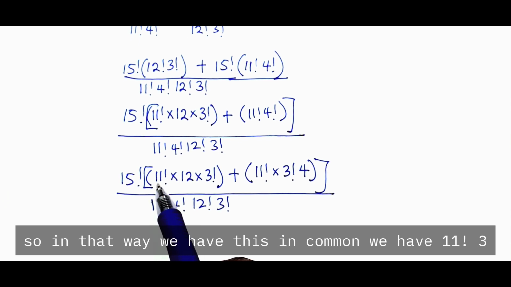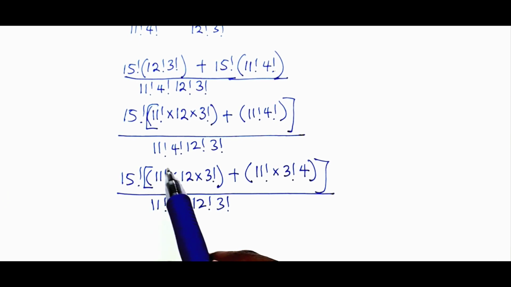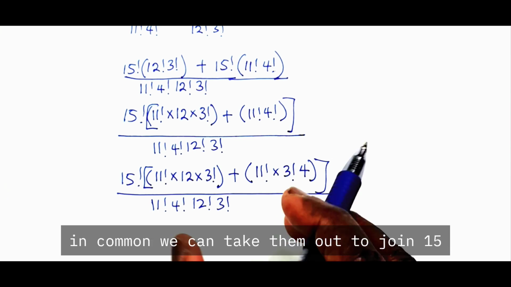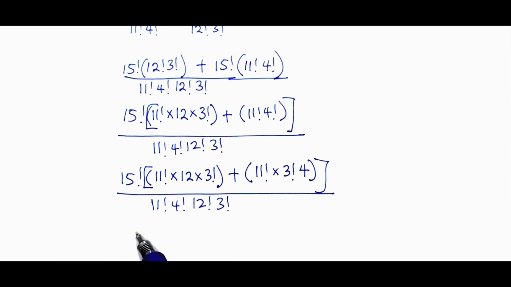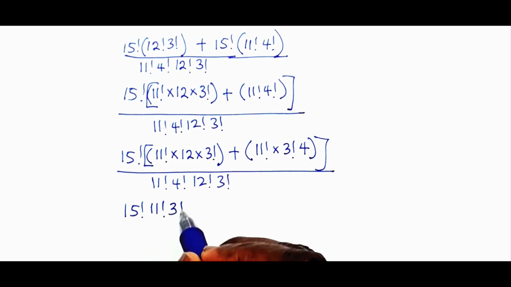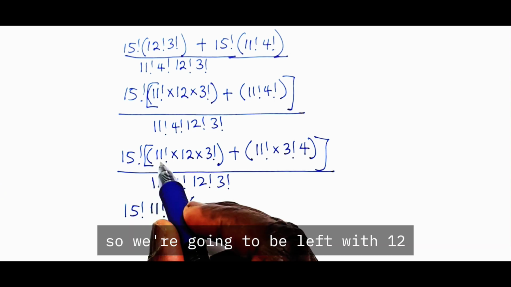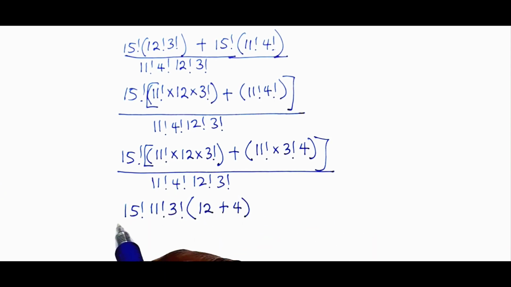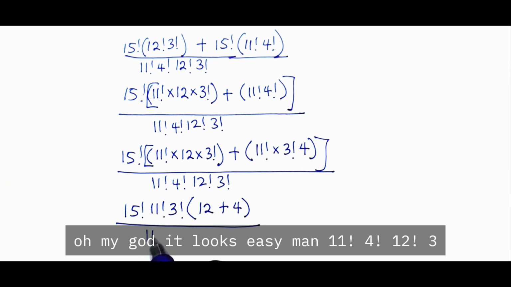So in that way, we have this in common. We have 11 factorial, 3 factorial in common. We can take them out to join 15 factorial. So we have 15 factorial, 11 factorial, 3 factorial. So we're going to be left with 12 plus 4, right? Oh my God, it looks easy, man.